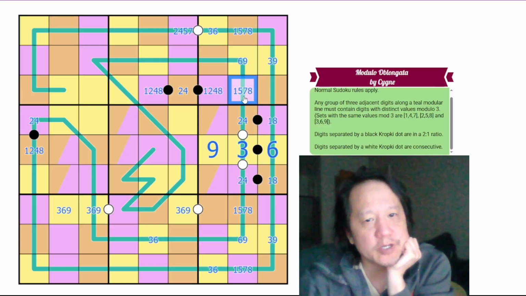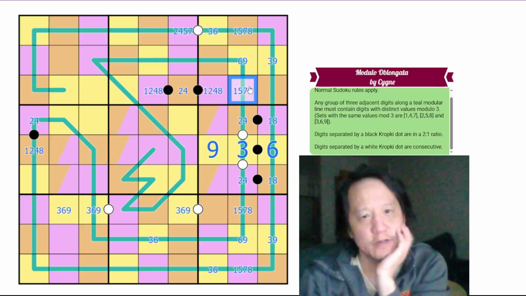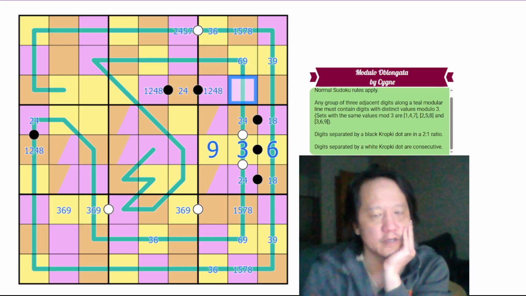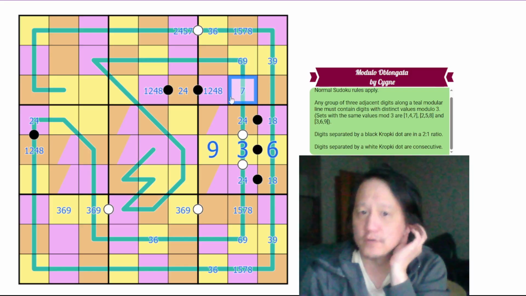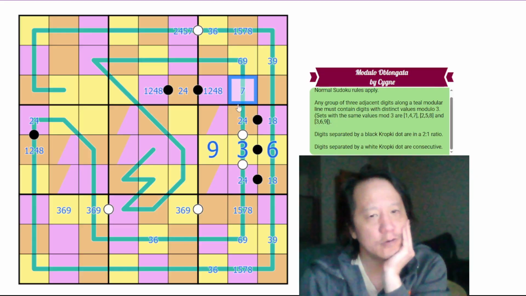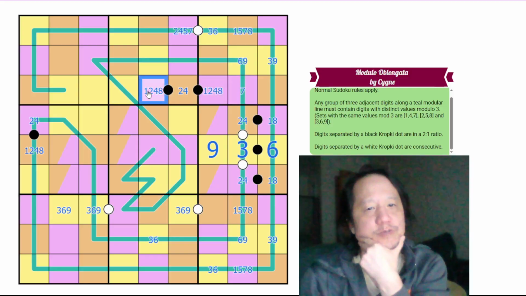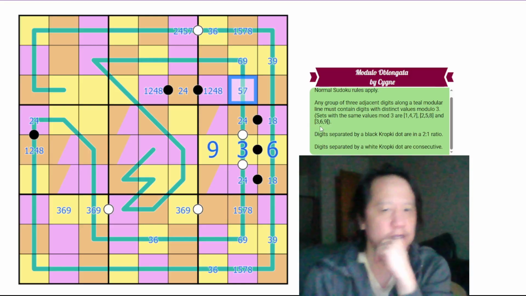If pinks were 1 mod 3, then this would have to be 1, 4 as a pair, and this would be 2. So this would be 7 if that's the case. If pinks were 2 mod 3s, then these would be 2, 8, and this would be 4. So this would have to be 5 in that case.